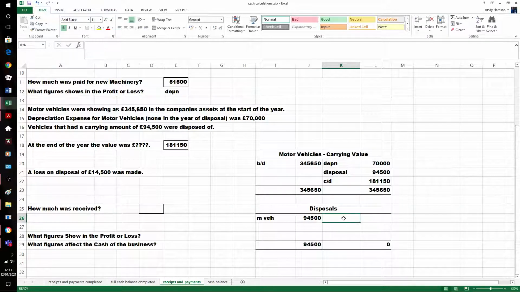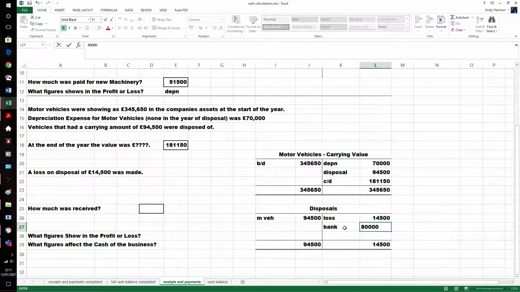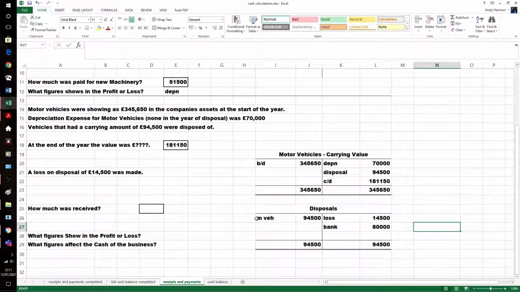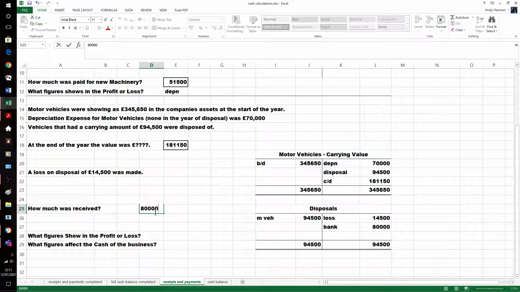We've made a loss on it, which means the amount at the bank, not complicated maths, we must have received 80,000. So in the profit or loss, or how much was received, just type that in. What goes in the profit or loss?